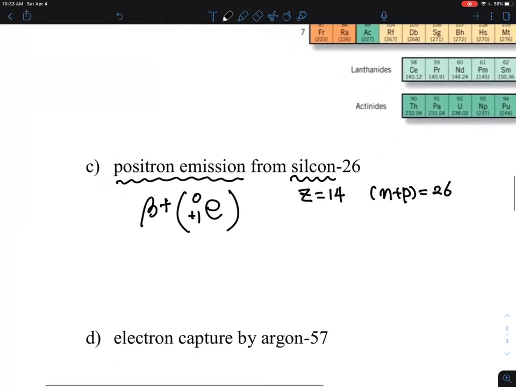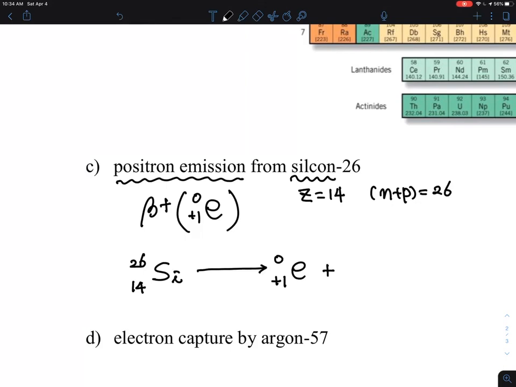Okay, so then how can you write this? Starting from silicon, so silicon Si, Z number 14 and 26, and then they are emitting a positron, and then what that means is you will have 13 as your atomic number.